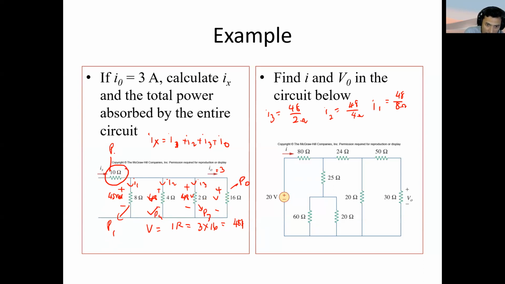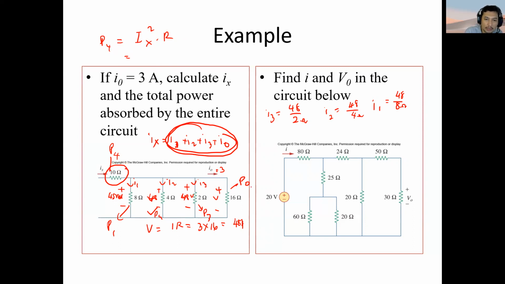Okay, but the only element that you need to also get is what is this. This one, I think this one is P4. Okay, what is P4? So P4 is actually Ix squared multiplied with the resistor. Okay, so what is Ix? So you need to have a summation of all current, then multiply with R. Then you can get your power absorbed by this resistor.